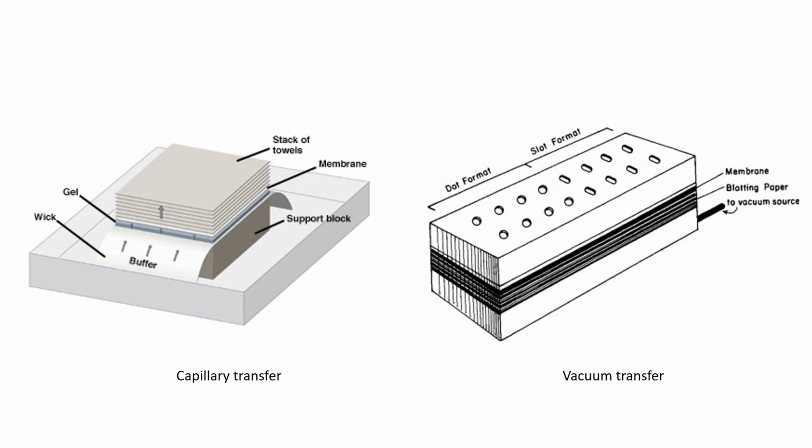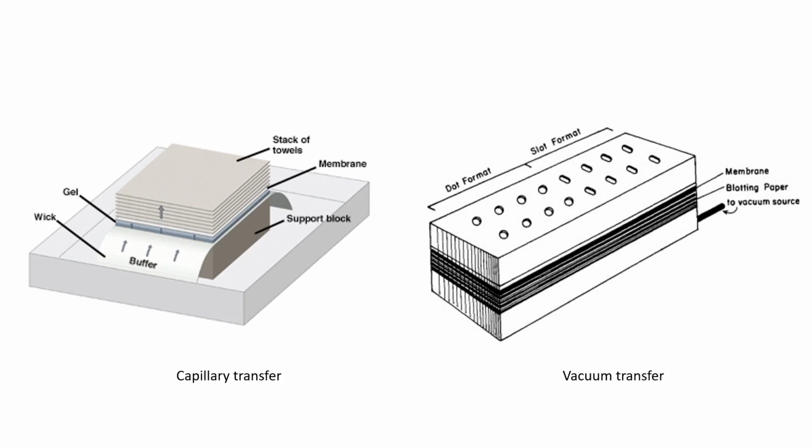As opposed to that, we have another technique called vacuum transfer, which is basically the same thing, but now instead of depending on the capillary action of the buffer rising through the paper, we have vacuum attached to it. So we have the gel, we have the membrane, then the blotting paper, and we have vacuum. So vacuum will pull down the buffer quickly.